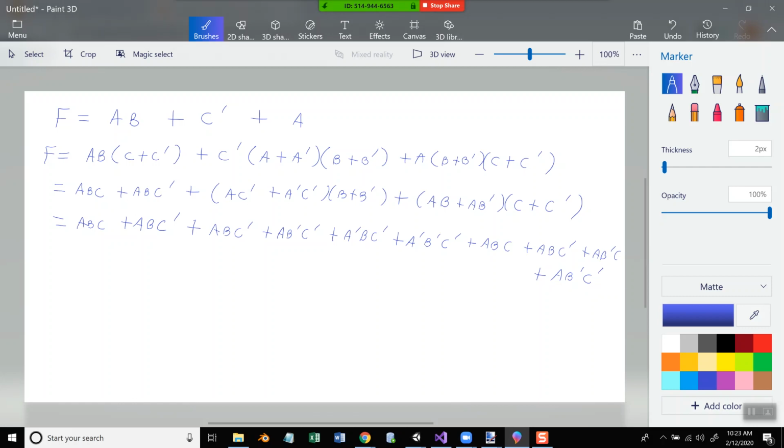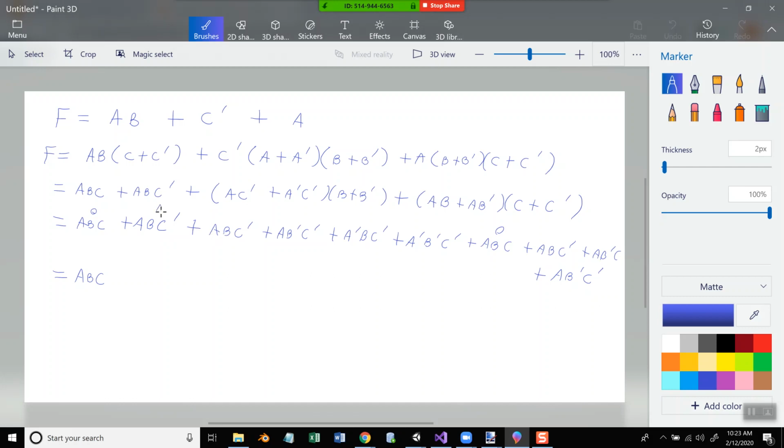Okay. Now I'm going to look for duplicates. Well, I got an ABC here, and I also got an ABC here, so one of them disappears. ABC prime. That's weird, those are the same.